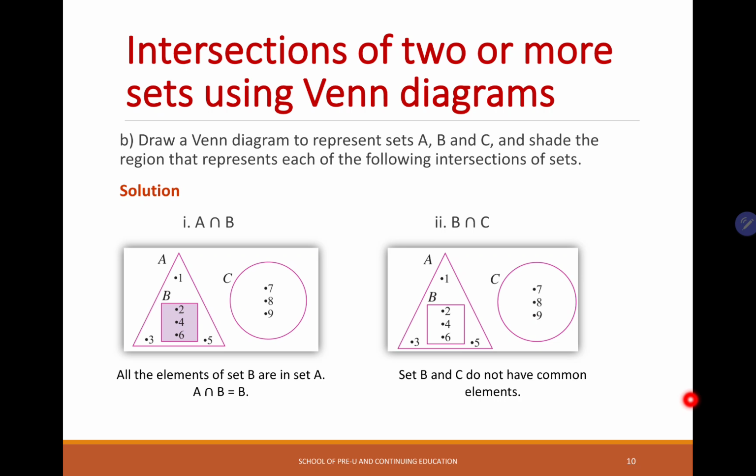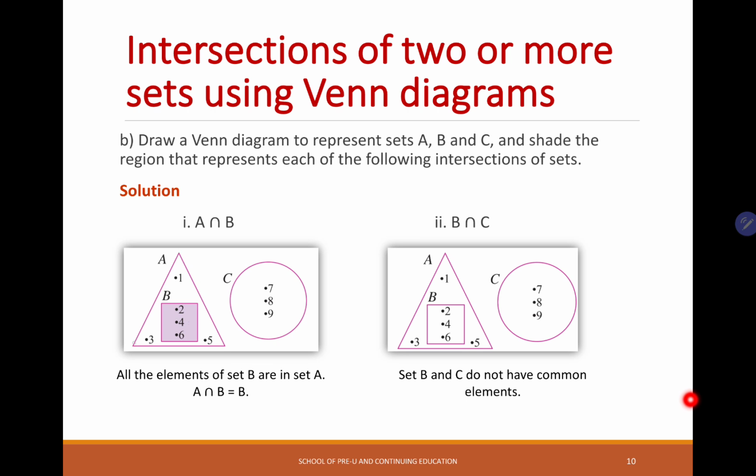Okay, the next one, intersection of two or more sets using Venn diagram. Here the question asks you to draw a Venn diagram to represent set A and set B, and shade the region that represents each of the following intersections of sets. Now we have A, B, which is the square here, and C. We need to find the intersection of A and B. First, just shade.